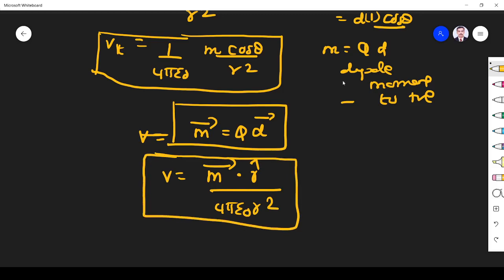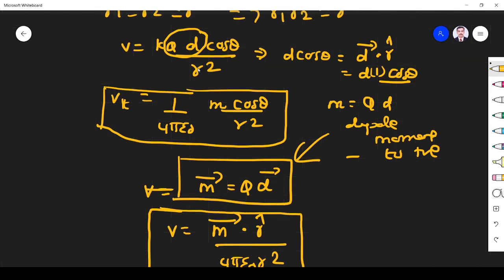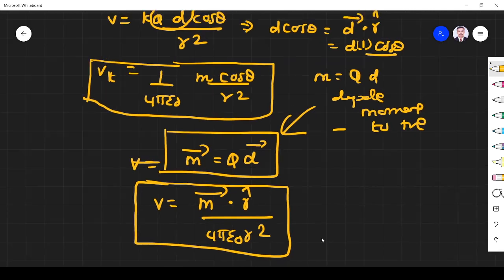So M is equal to QD for scalar form. For vector form, M vector is equal to QD vector. Again, it is a dipole moment only. So D cos theta you replace by D dot R, and Q into D becomes M vector, right?